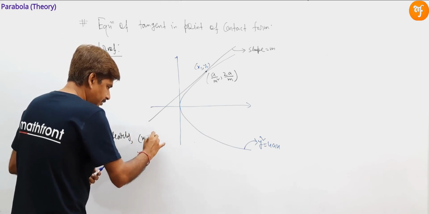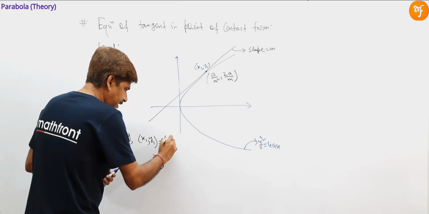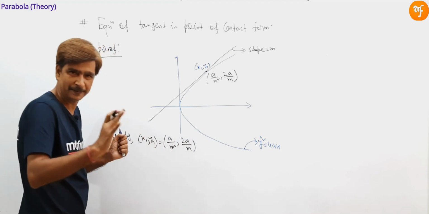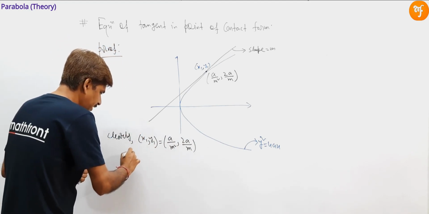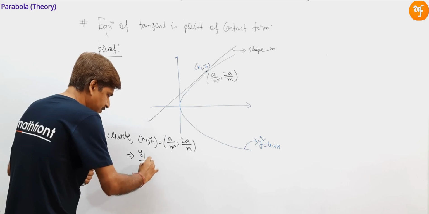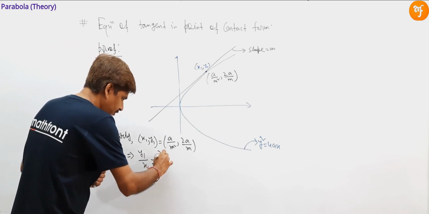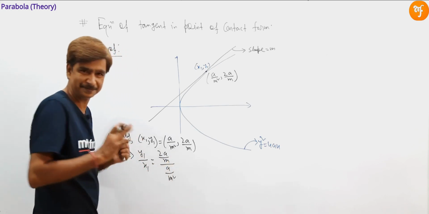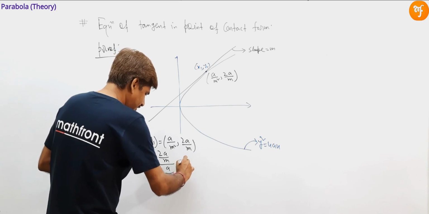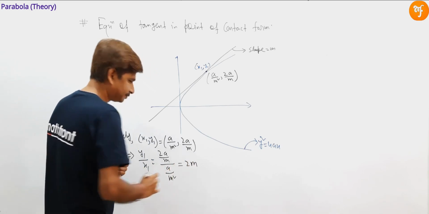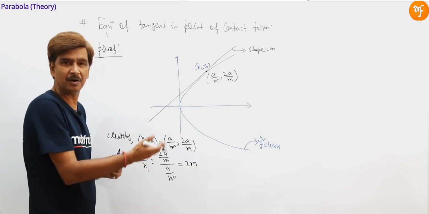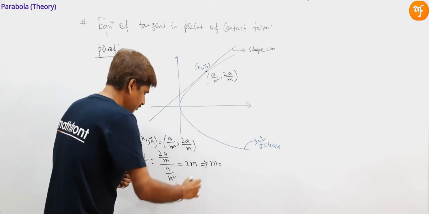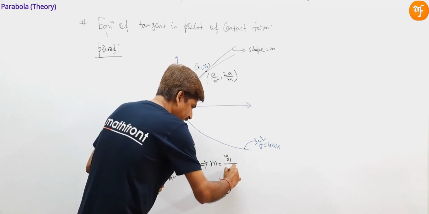So what can we write? We can write y1 divided by x1 is equal to 2a by m divided by a by m square. So this is nothing but 2m. So what is the value of m? The value of m is equal to y1 divided by 2x1.